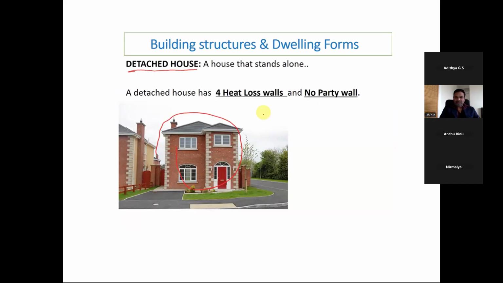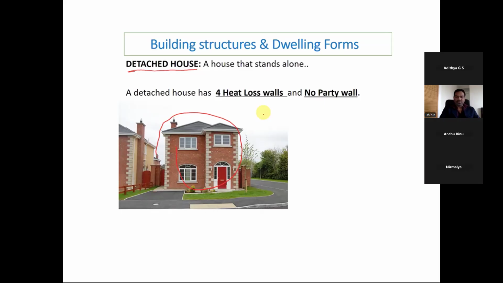This is something called a detached house, and I believe it's the same in India as well. If it is not attached to any other buildings and stands alone, it is a detached property. Significant heat can be lost in a detached property rather than in a property that is terraced with a party wall.